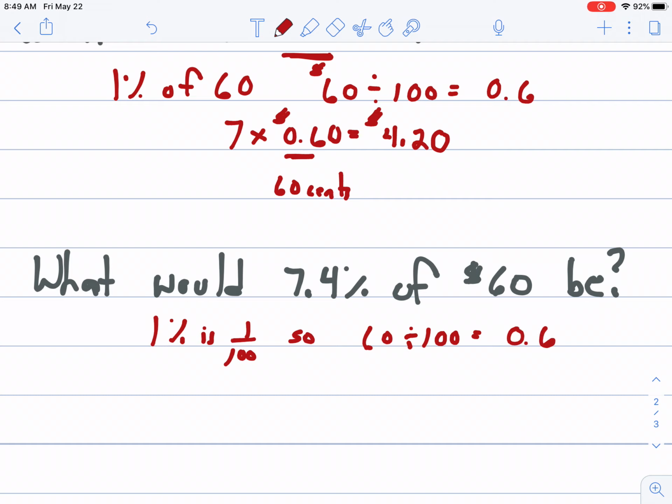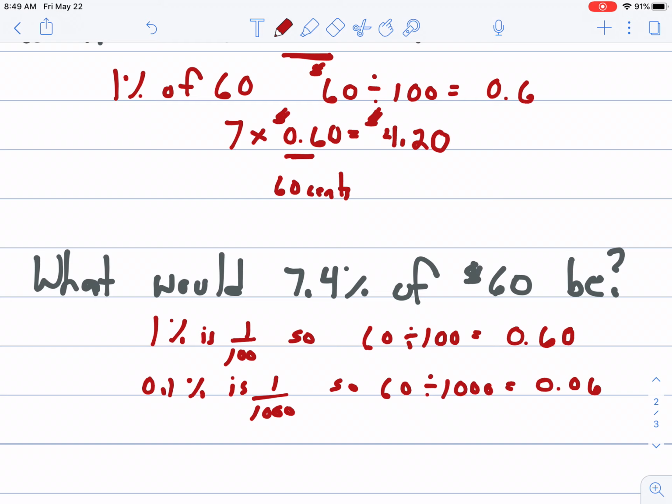I know that's 1%. I could also find what 0.1% is. And 0.1% we know is 1/1000th. So 60 divided by 1,000 is equal to 6 cents. So this was 60 cents. I'll put the 0 back in here. That top one was 60 cents, and a 0.1% is 0.06.